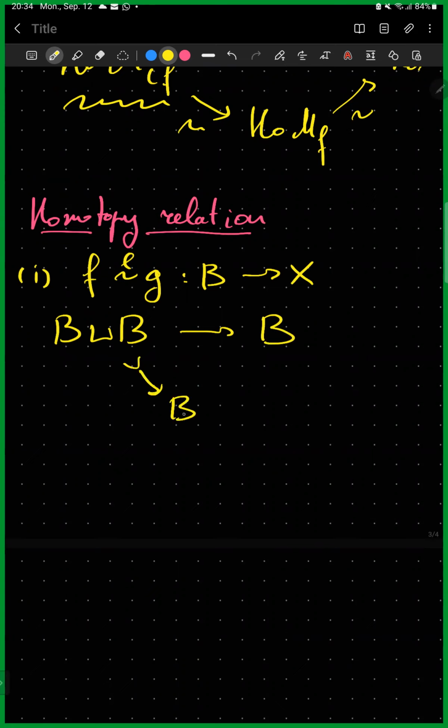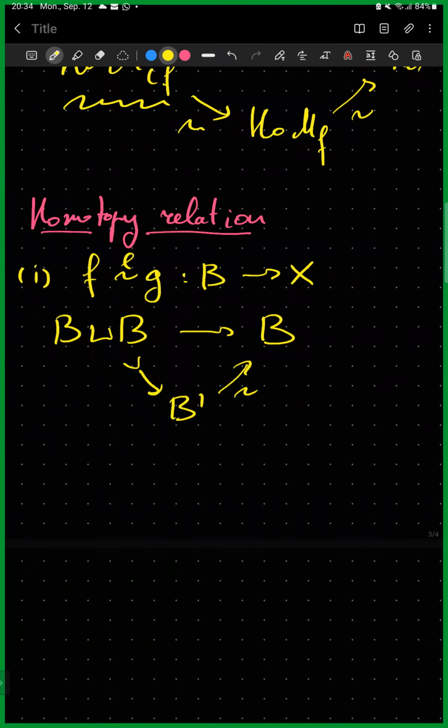So here we say that a cylinder object is just something that is weakly equivalent to B, and such that the map from two copies of B to B prime is a cofibration.